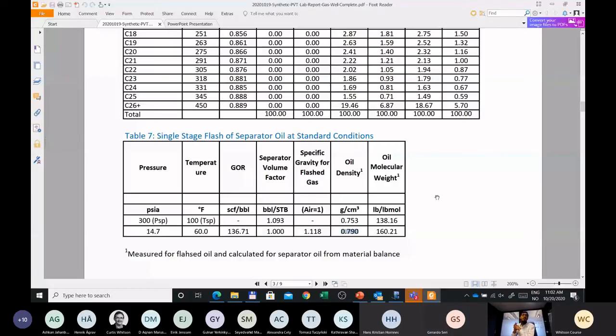Those have to be at the same pressure and temperature when you are calculating the Watson characterization factor for the different samples.